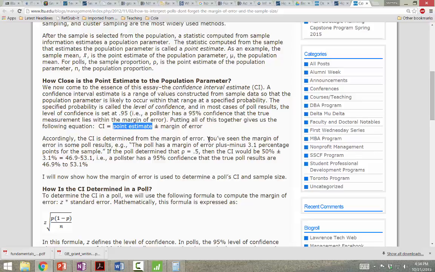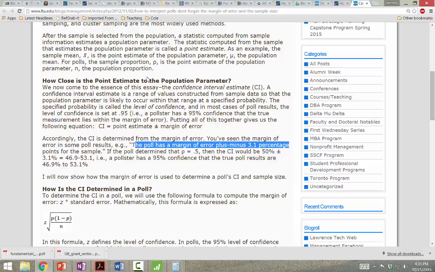Coming back to the margin of error, we've seen it when we look at most poll results. So you may see something like the poll has a margin of error of plus or minus 3.1 percentage points for the sample. Let's make sure we understand what that means before we figure out how they came up with 3.1. The margin of error tells us that if we add it and subtract it from the estimate, we'll get the 95% confidence interval.